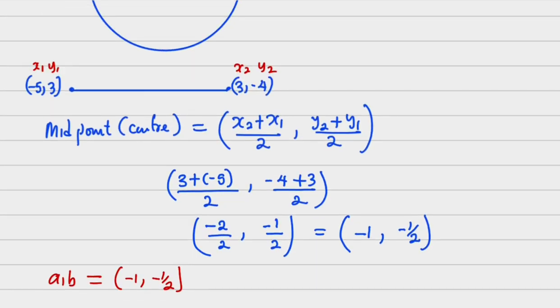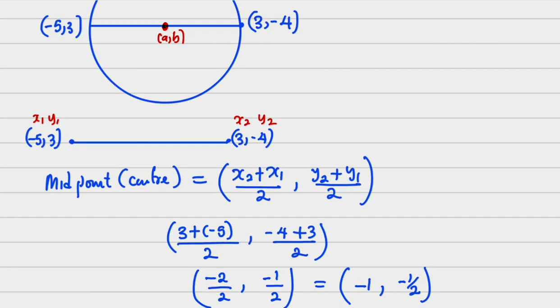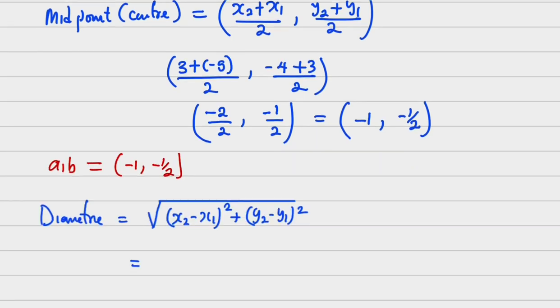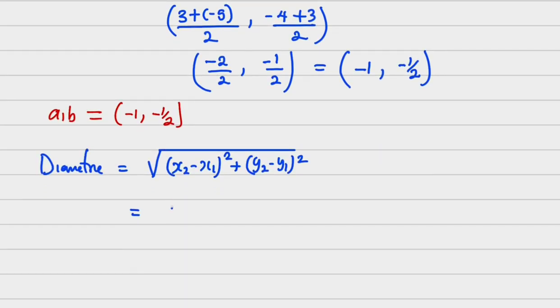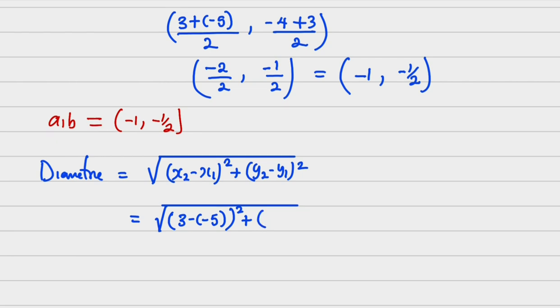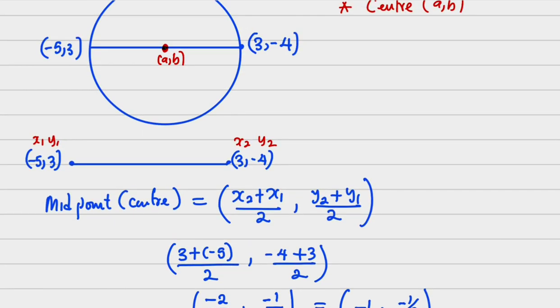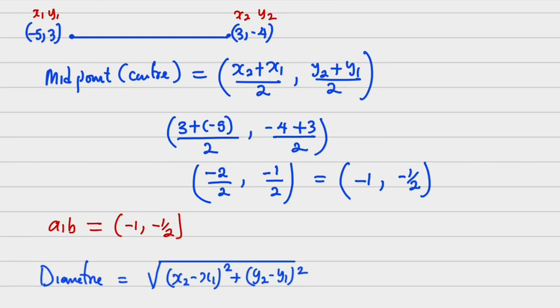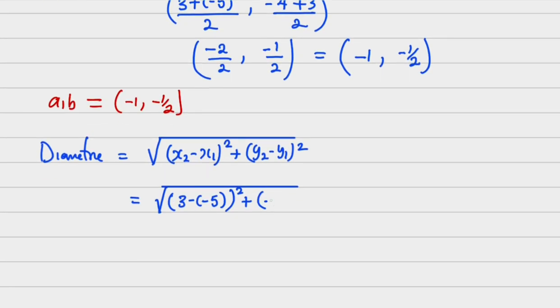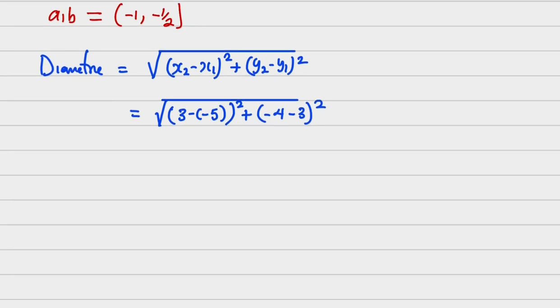Remember my x2, x1 and everything. So I have 3 minus minus 5. Okay, so I'm going to have square root of 3 minus minus 5. Remember, everything is being squared, then plus the next will be y, minus 4 minus 3. So I'm going to have minus 4 minus 3. Everything is going to be squared.